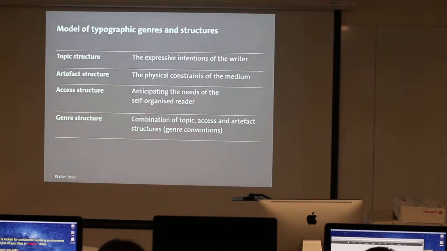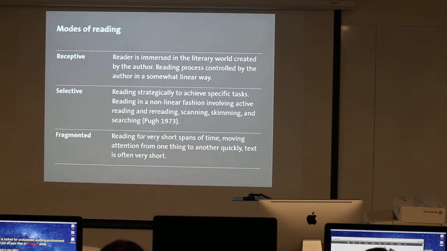So these are the things that contribute to genres. This is in content structure, this is in the way you access the information. This is the constraint that has to do with the materiality of the genre. A combination of all 3 indicates the genre.